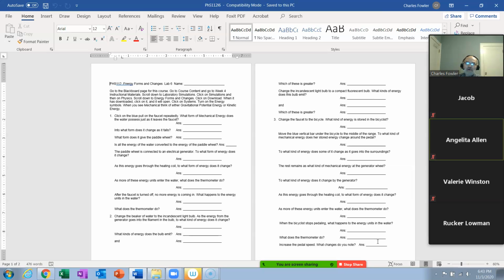The bulbs I thought did a poor job. The incandescent should have been producing a lot more heat and a little bit of light, whereas the compact fluorescent should have been producing a lot of light with much less heat. I didn't think they did a good job on those, but we got it down pretty well, I think.